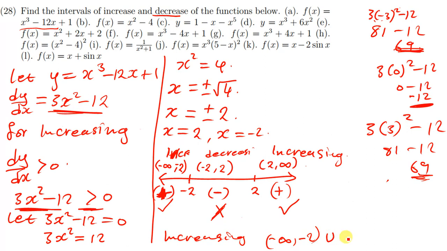You can combine them by using union, and then 2 to infinity. And it's decreasing in the interval negative 2 to 2.